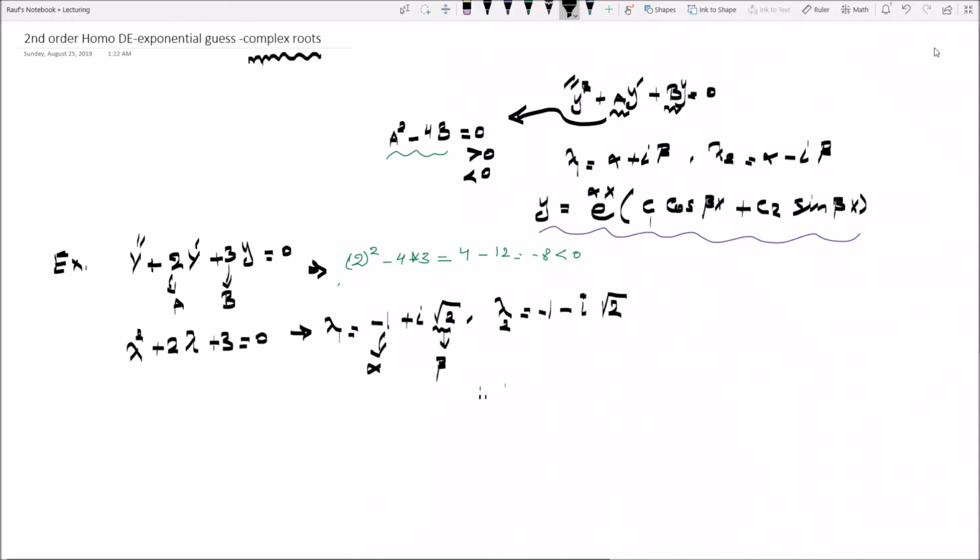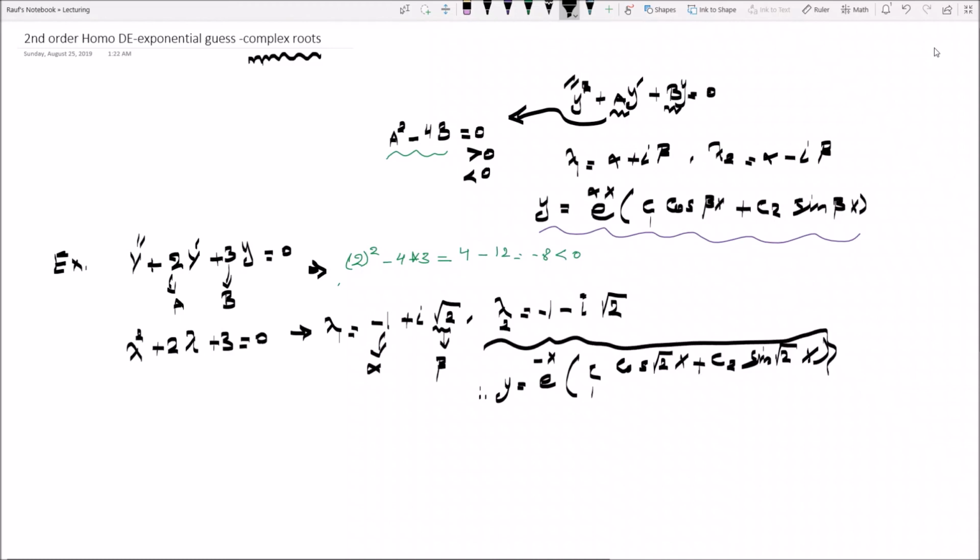So y equals e to the power of alpha, which is minus 1, multiplied by x, all multiplied by c1 cosine beta, in this case the square root of 2 multiplied by x, plus c2 sine beta, the square root of 2 multiplied by x. And this is the general solution for our equation.